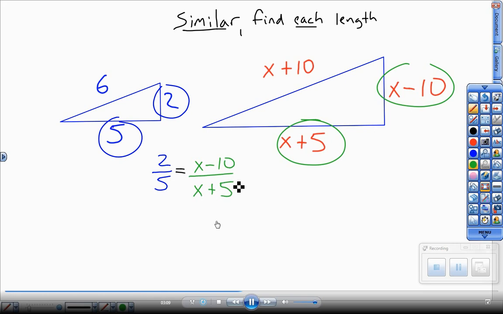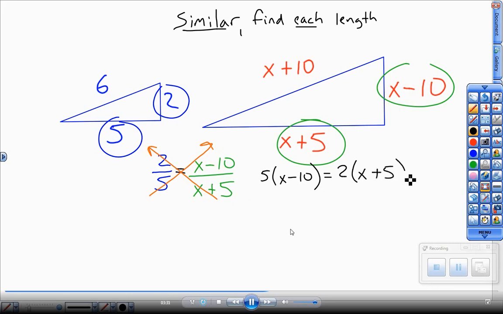And now I will crisscross multiply, but this one involves distributing both ways. So one way gives me 5 times x minus 10 in parentheses. The other way gives me 2 times x plus 5 in parentheses.